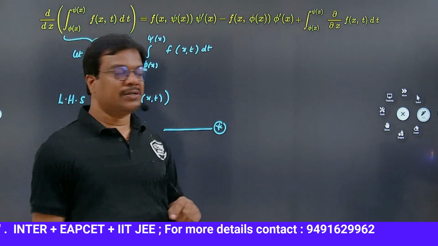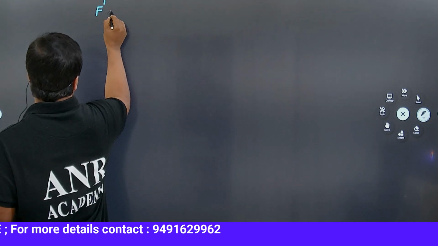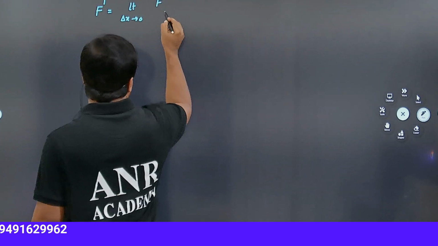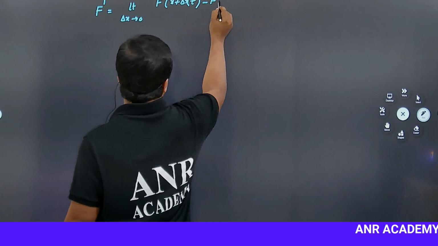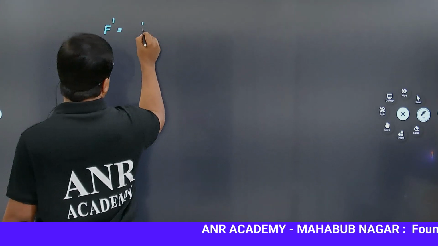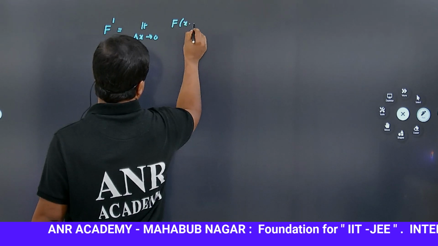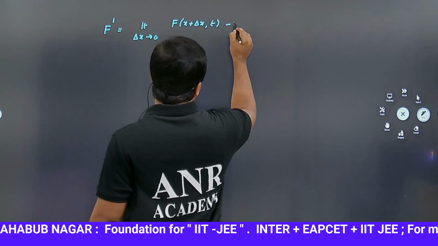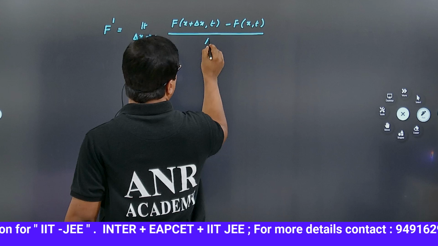Now I am going to use the first principle. We know that F dash is written as the limit as delta x tends to 0 of capital F of x plus delta x comma t, due to two variables, minus capital F of x comma t, whole divided by delta x.